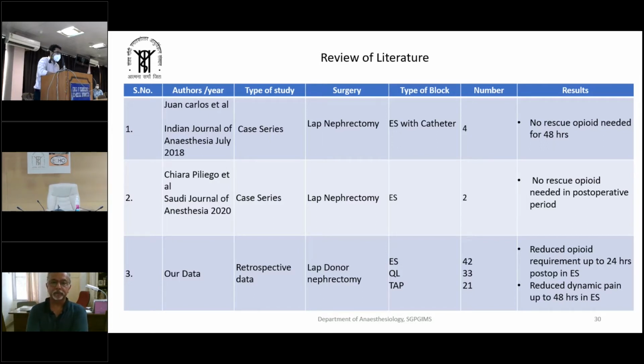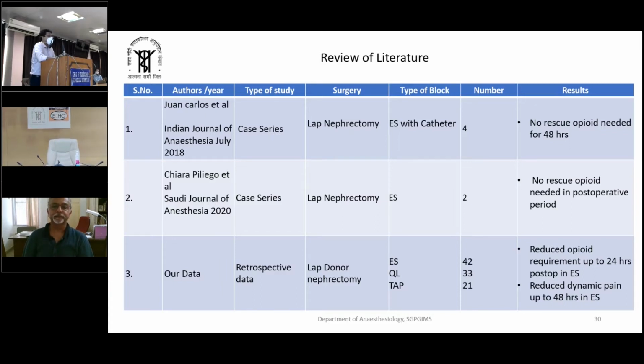According to a case series published by Tapas et al. in the Indian Journal of Anaesthesia, July 2018, they gave erector spinae block with 20 ml of 0.2% ropivacaine and inserted a catheter in the same plane, the plane which we saw in our ultrasound sonoanatomy, through the needle, and they gave 0.1% ropivacaine at 8 ml per hour for 48 hours. They gave this erector spinae block with catheter in 4 patients, and they kept the catheter for 48 hours. There was no need for rescue opioid for 48 hours.